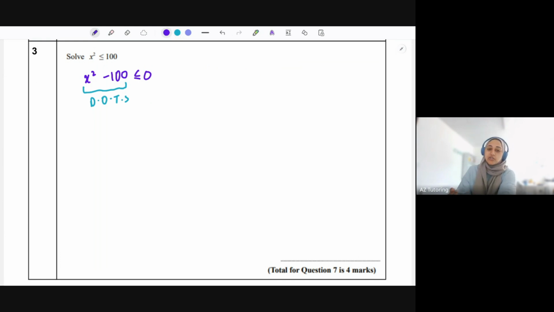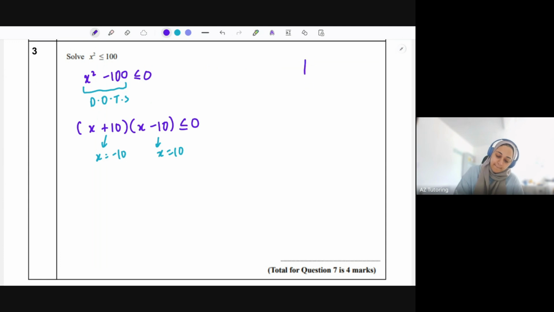So we need to sketch the graph again, so let's factorize using difference of two squares. So we get x plus 10, which is the square root of 100, and x minus 10 is less than or equal to 0. So therefore, just taking the opposite signs, we've got x equals minus 10 and x equals 10. So that's the two places it's going to cross. Let's sketch the graph.